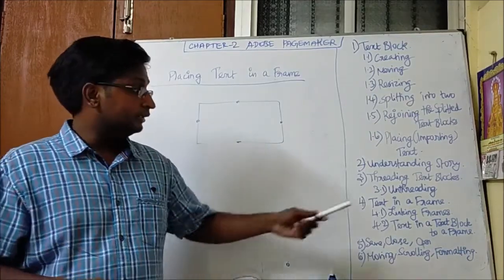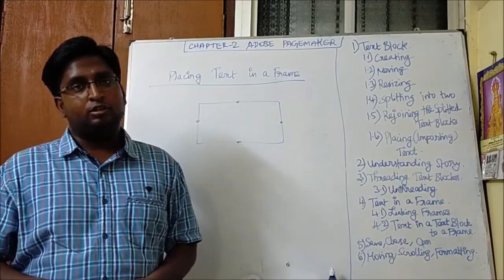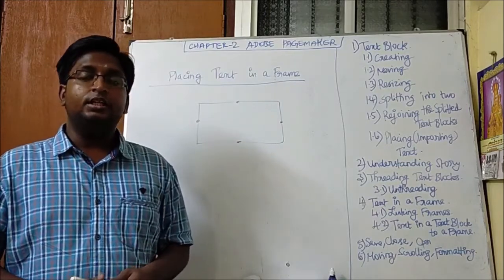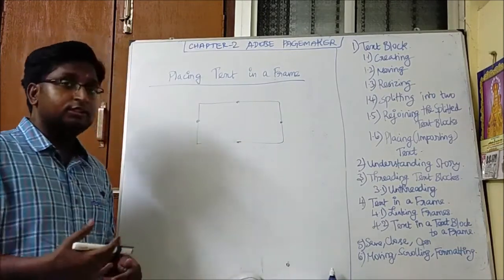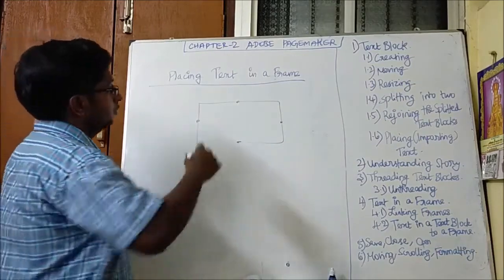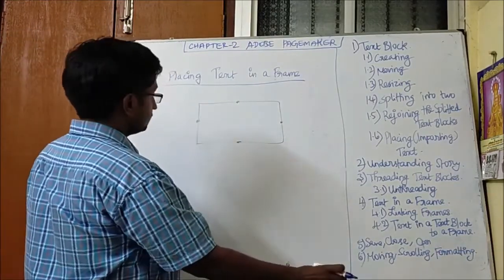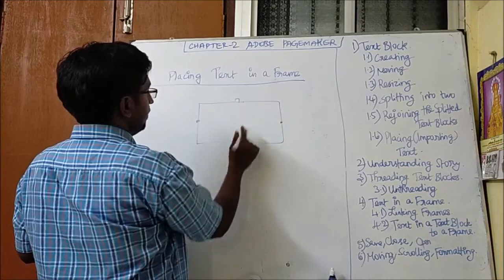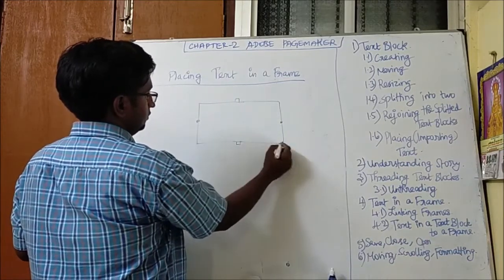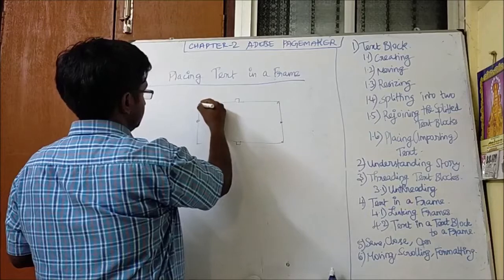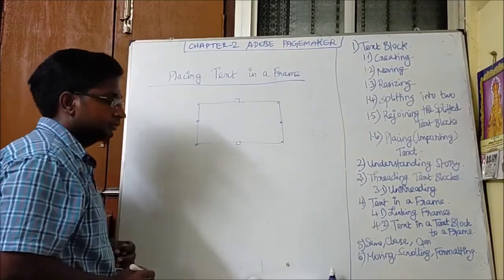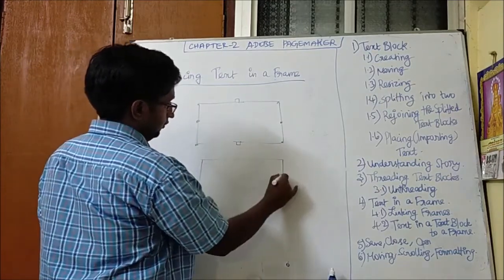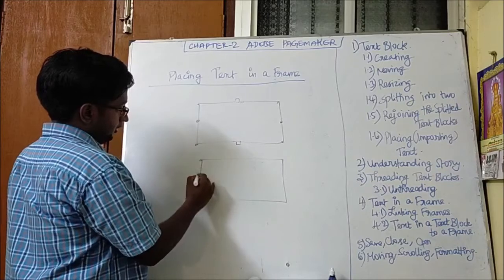So the next one is linking frames. Linking the text in a second frame. How to link the text from one frame to the other. So here we have the first frame. In this also you will be having the handle. First, we have to draw the second frame.